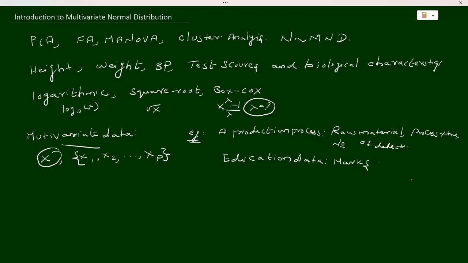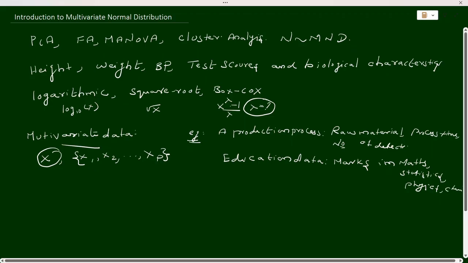Okay, marks in mathematics or statistics, or it may be physics, chemistry, etc. Suppose a student studies the different subjects, and if we collect all the data, then we can see that as a multivariate data type.